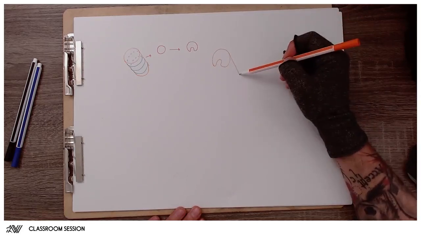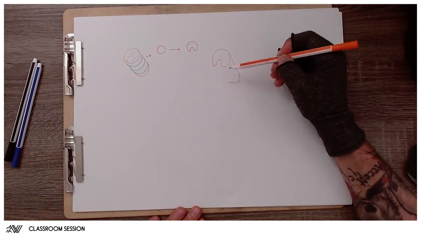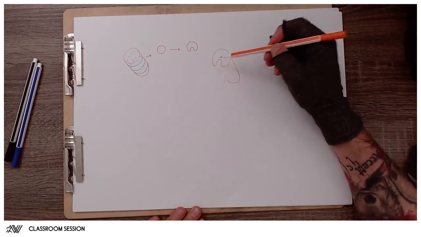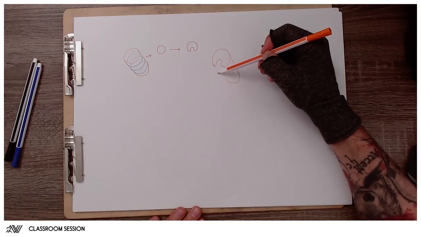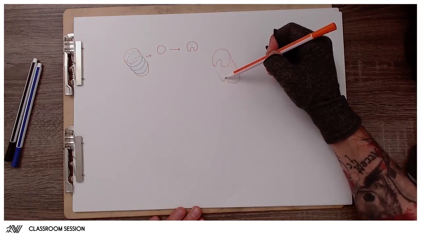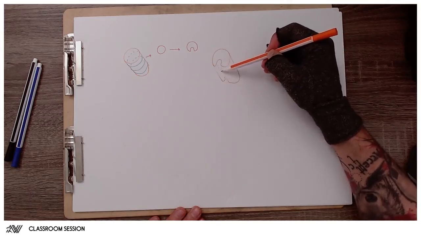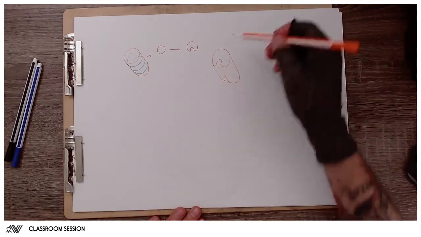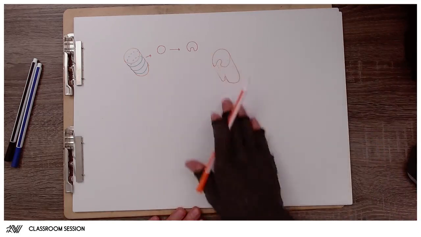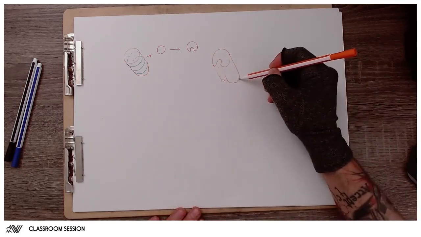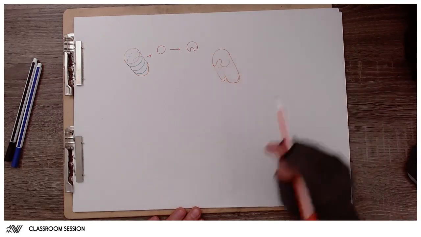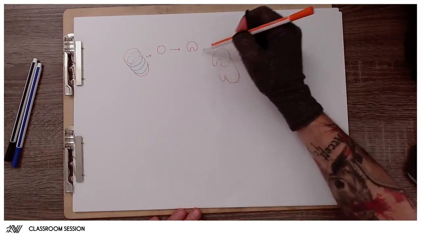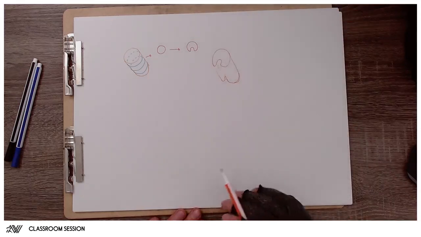And of course we need to keep our perspective in mind at all times while we're doing this, because that's going to make it look believable and convincing, right? So it might look a little bit something like this. The edge might be a little bit more like this.